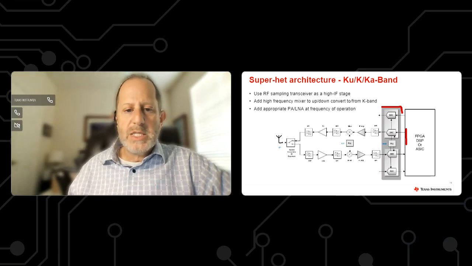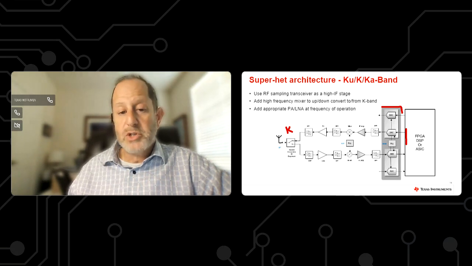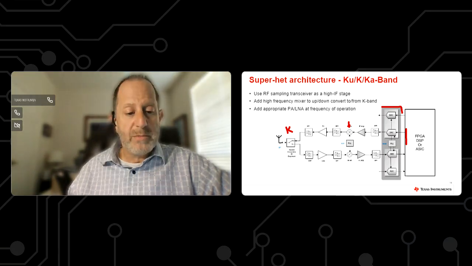One is when we do the subsequent mixing stage, let's say to get up into K-band here, we can get a decent amount of separation between our images that are caused by the mixer function. That way it makes the filtering a little bit easier, as they'll be far enough away that we can have some pretty benign filtering to make that work.